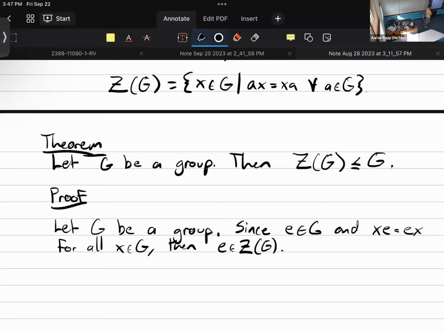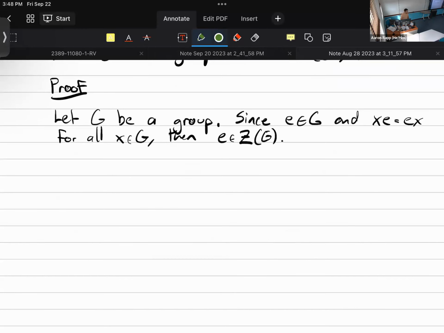But now that I've shown that this set that we have called the center of G is non-empty, to show it's a subgroup, what do I need to do? A times B in the group. Again, we're not going to be able to do it today, so let's just talk about it.